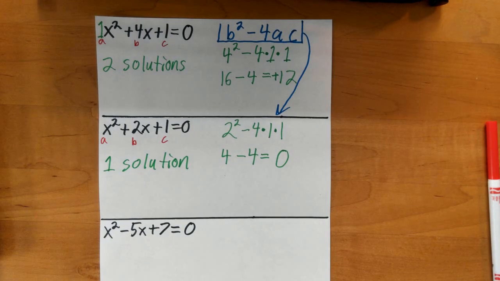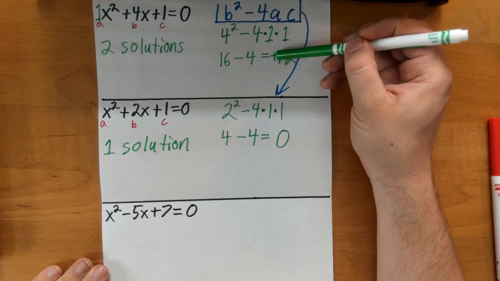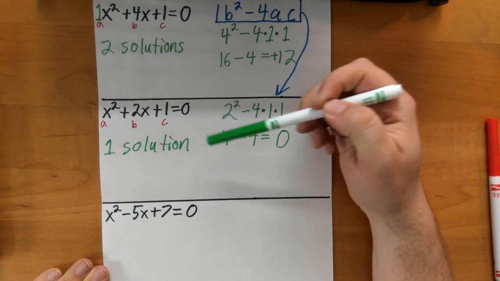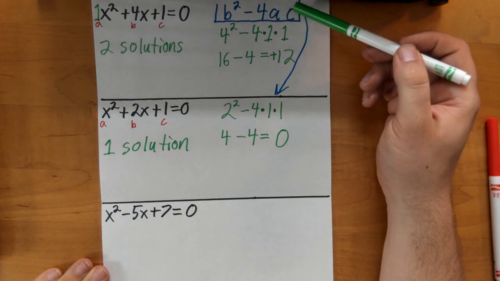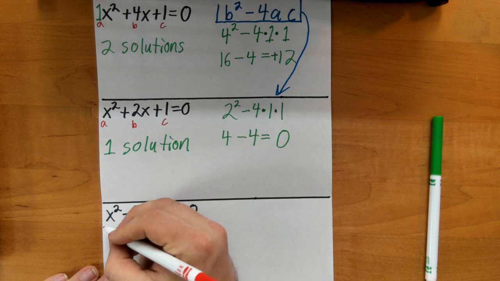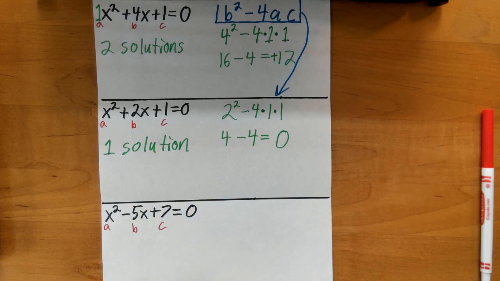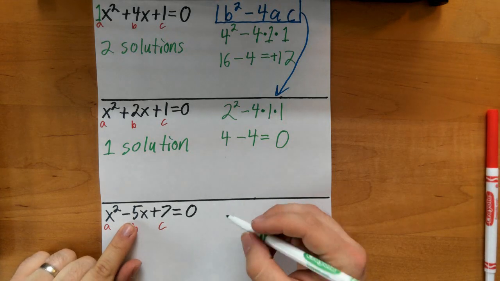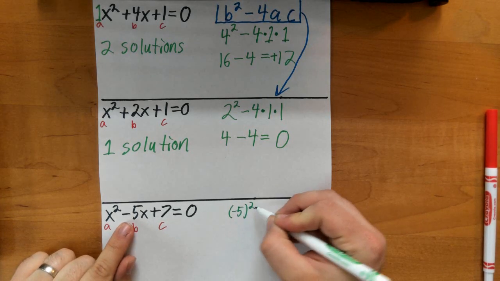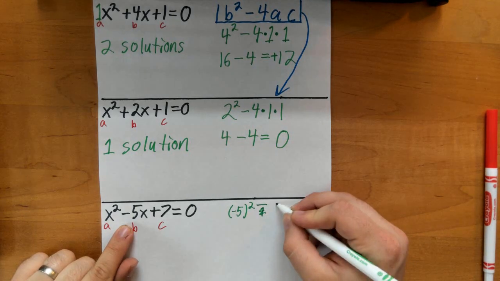Alright? Here, let's take a look at this last one. Okay? So in the first one, we got a positive number, meaning two solutions. Second one, we get 0, meaning one solution. We're still using this expression here. Again, I'm going to label just my a, b, and c values. So my b value is a negative 5 squared. We're subtracting here.